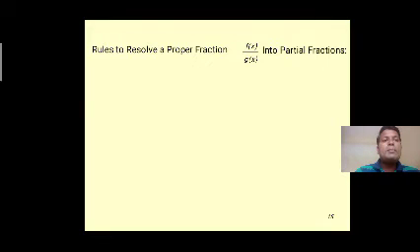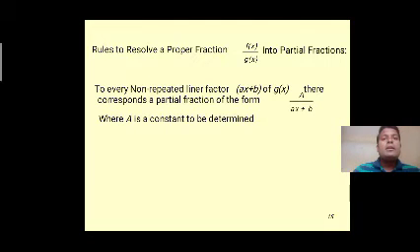Rules to resolve a proper fraction f(x) by g(x) into partial fractions. We see here, to every non-repeated linear factor (ax + b) of g(x), there corresponds a partial fraction of the form A by (ax + b), where A is a constant to be determined.